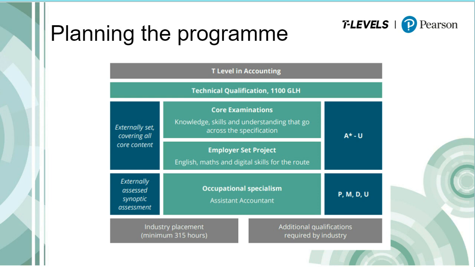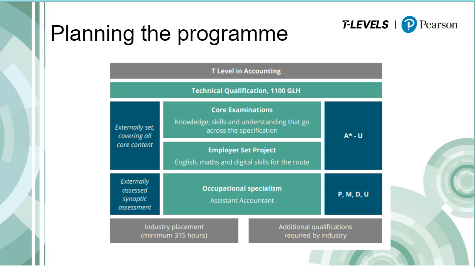In terms of finance, there are actually 4 occupational specialist components in this technical qualification, and each of those are again 600 guided learning hours. Students undertaking the T-level technical qualification in finance will choose one single specialism, and those occupational specialist components are retail and commercial banking analyst, investment banking and asset and wealth management analyst, insurance practitioner, and finance compliance and risk analyst.